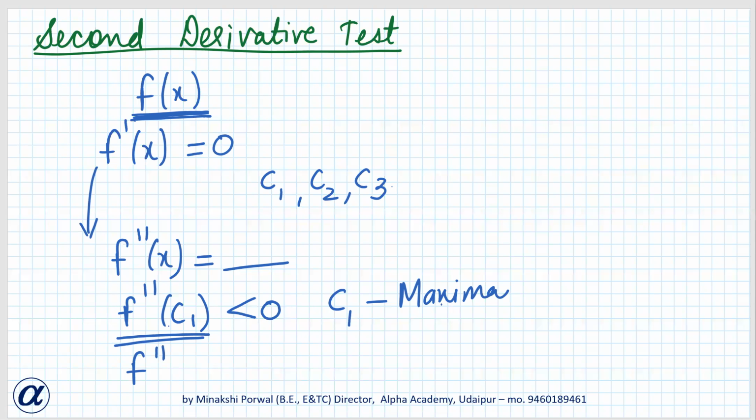Next we'll substitute c2: if f''(c2) is less than 0, that is also a local maxima. If f'' is greater than 0, that means it is minima.